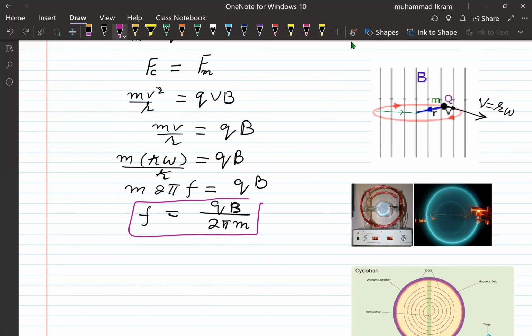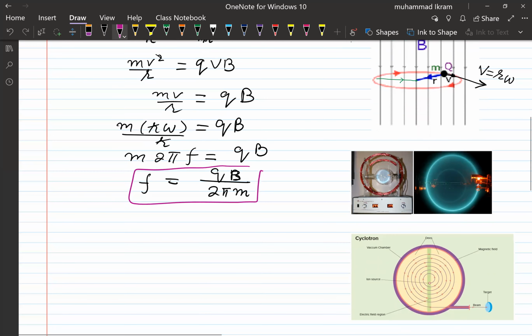Now, what is a cyclotron? Cyclotron is the kind of arrangement which I show here. And cyclotron is actually a machine which is used to accelerate charged particles to high energy in order to investigate the nuclear structure. So for this purpose, we use the cyclotron, and this is the frequency to which the electron can be accelerated.